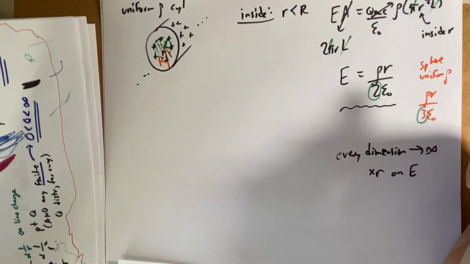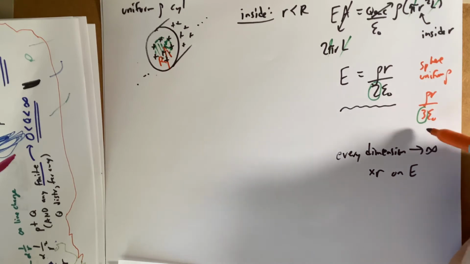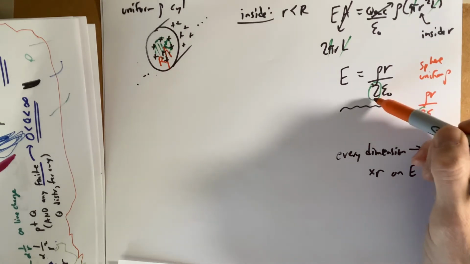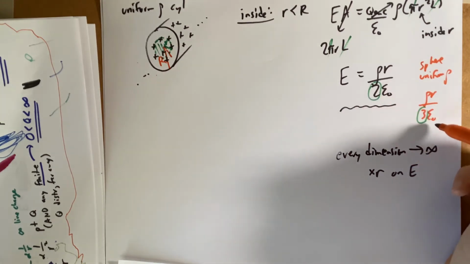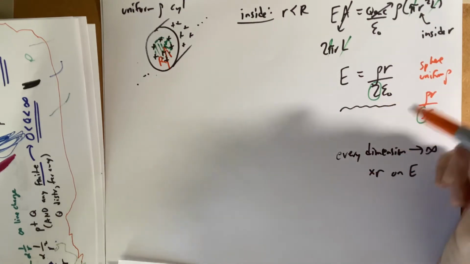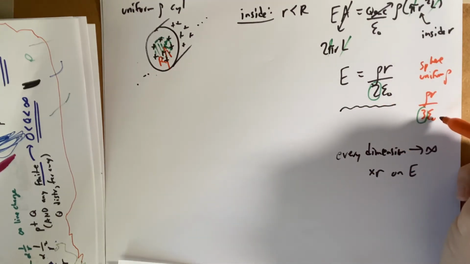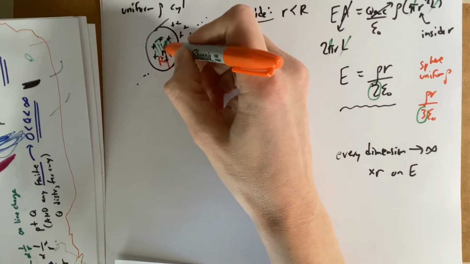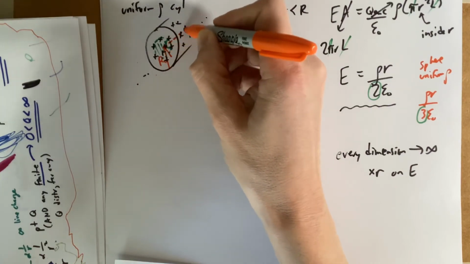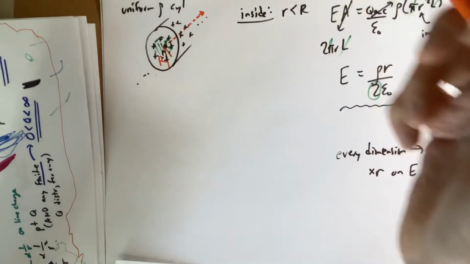The only difference is, of course, you could tell if you were inside a sphere or inside a cylinder because this one has a 3 and this one has a 2. You could also tell you were in a sphere versus a cylinder because in a sphere, you can go out anywhere in 3D space, whereas in a cylinder, you better not mess up and start going along the axis of the cylinder, because then the electric field won't grow at all.